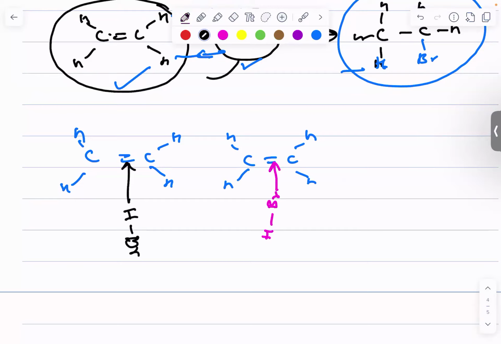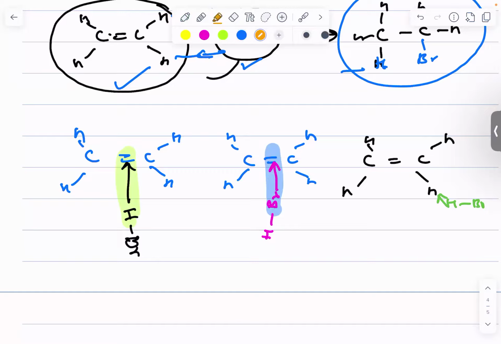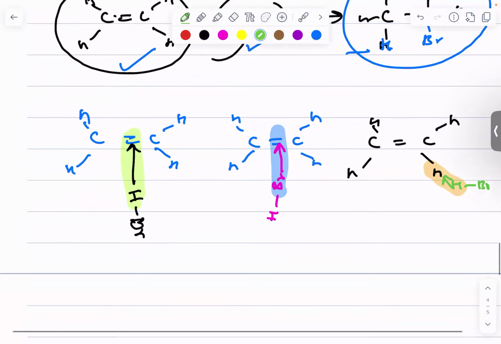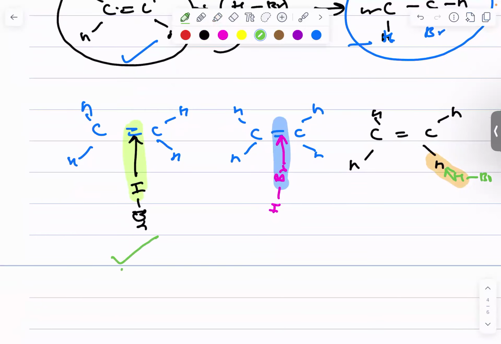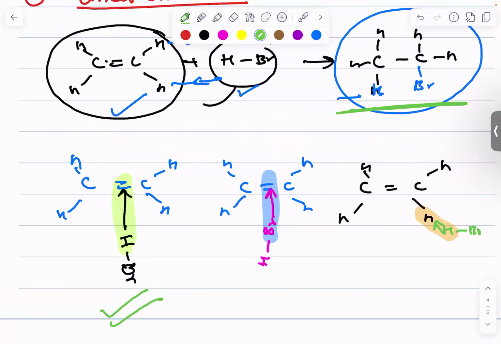All right. Now the third option: the HBr molecule will collide in this way with this H. So this collision is H with the double bond, second Br with the double bond, and third H with H. Now, if this orientation is there, the product, this alkyl halide, will be formed.